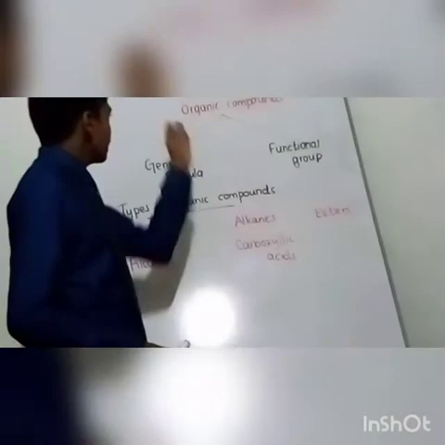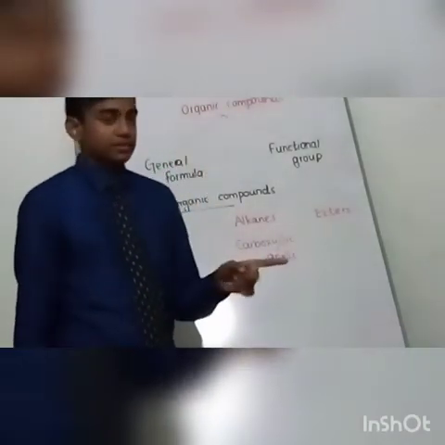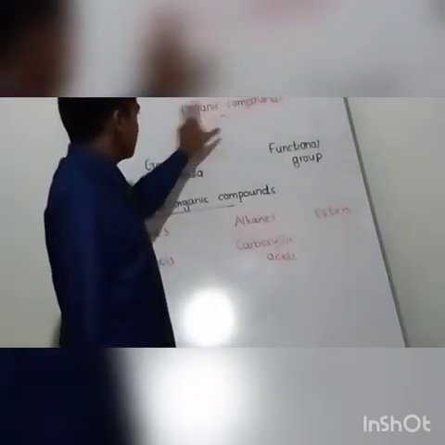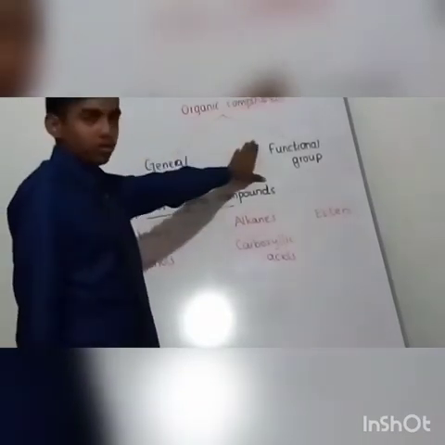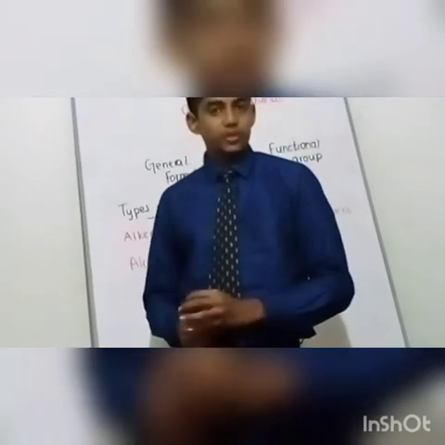Now these are organic compounds. We talked about organic chemistry, it's organic compounds. Organic compounds can be divided into two parts, general formula and functional group. General formula means the ratio of elements present.